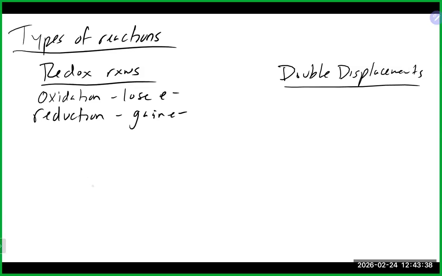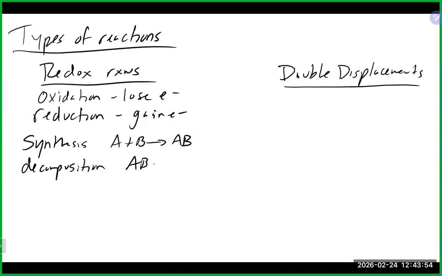Underneath redox reactions, there are more specific ways to classify them. Your synthesis reaction is a redox reaction. That's your A plus B, 2 things make 1 thing. Your decomposition reaction, 1 thing breaks apart into 2 things.